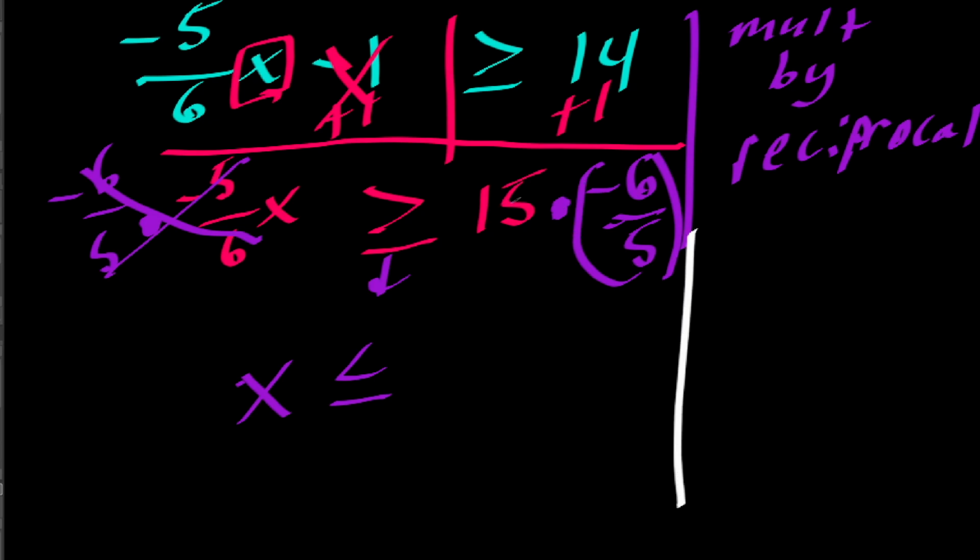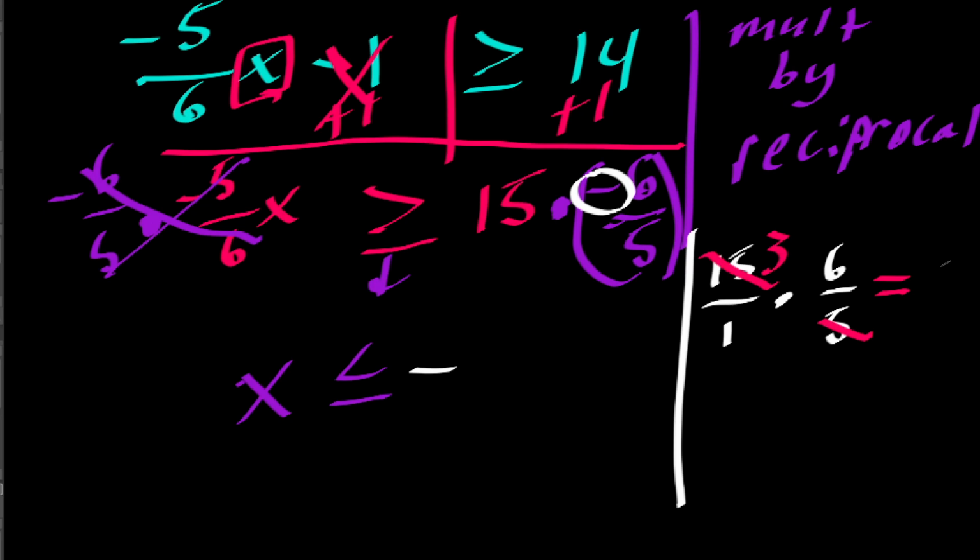First, 15 is positive, this fraction is negative, so you know your answer is negative, because a positive times a negative is a negative. Then take 15/1 times 6/5 and divide your diagonals. 15 and 5 divide to give you 3. 3 replaces 15, then just multiply across the top and the bottom, and you get 18. So x is less than or equal to 18.